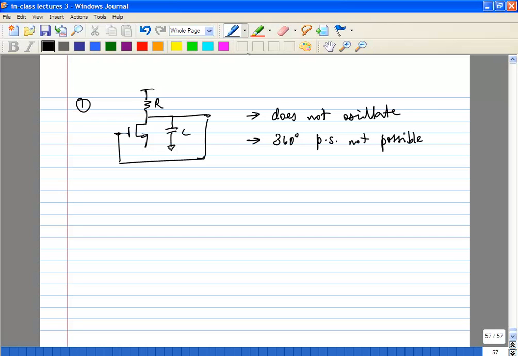So the maximum phase shift you have is 270 degrees, at infinity. So we know we don't have enough phase shift for this circuit. So let's try to help it a little bit.